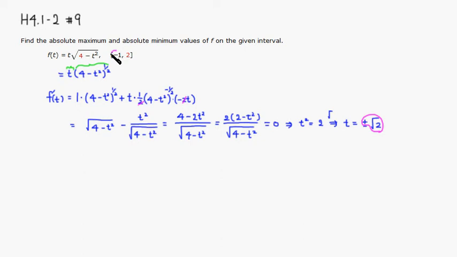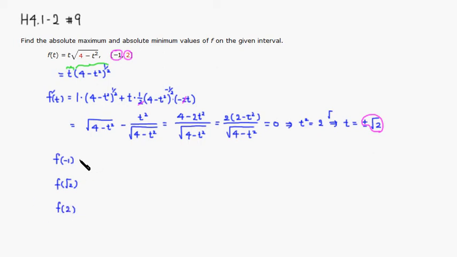Then also left endpoint negative 1 and right endpoint positive 2, right? So we just need to evaluate the original function at negative 1 and also at square root of 2 and at t equals 2.